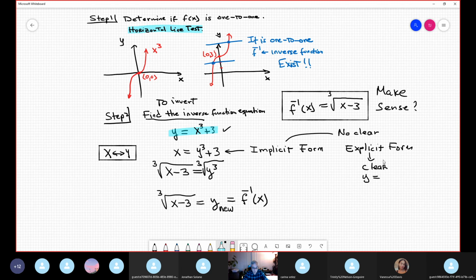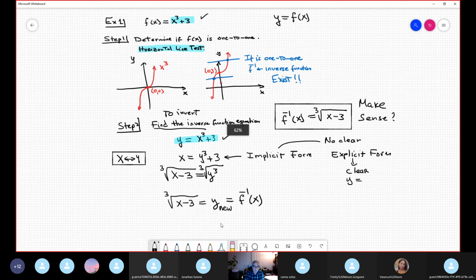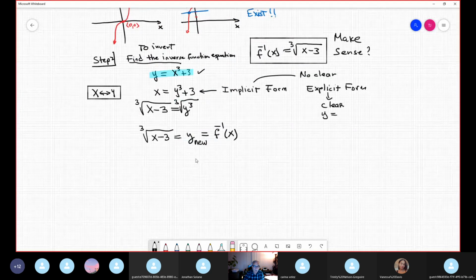So now, to check that everything is okay, because the intuition is okay. I understand, it makes sense. Look, this is cubic here, and cubic root, the index of this root. To make this more clear, at least for me, I propose step 3.